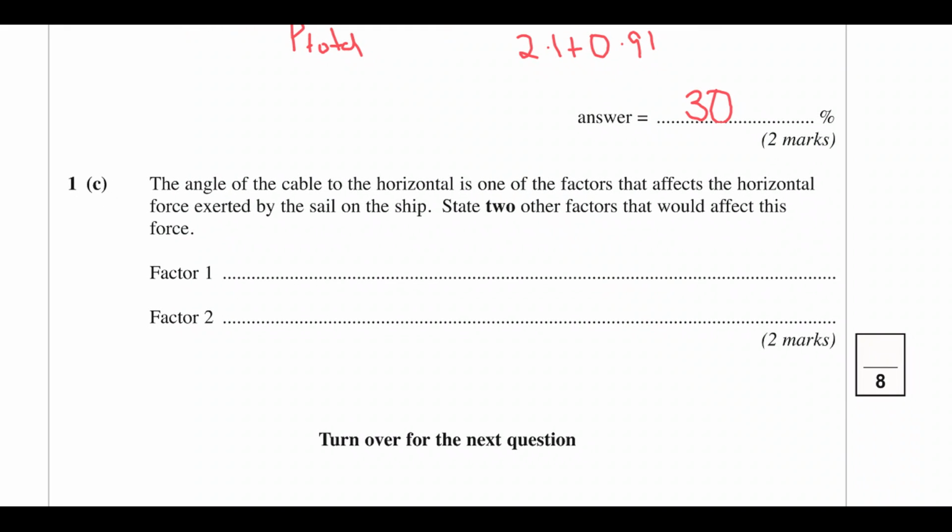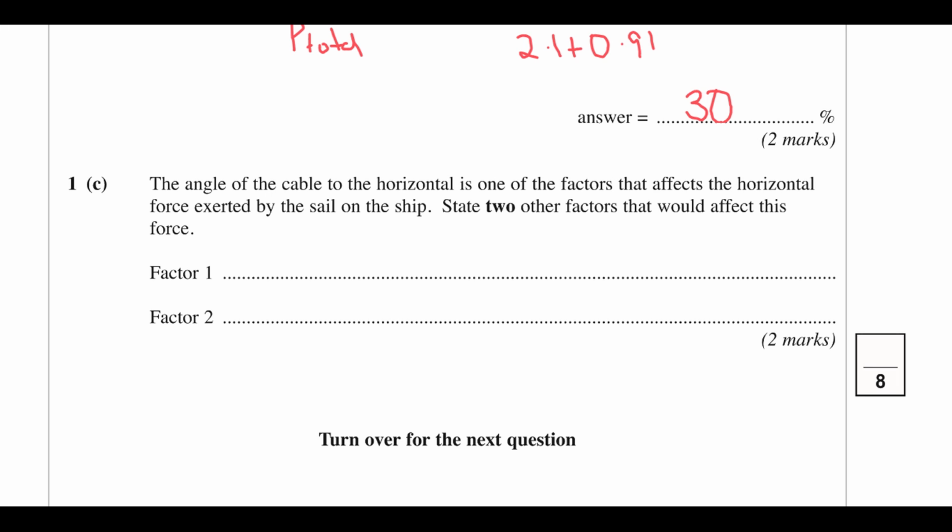Okay, so the angle of the cable to the horizontal is one of the factors that affects the horizontal force exerted by the sail on the ship. So what are two other factors that would affect this force? If you want to increase the force from a sail, you can make your sail bigger or increase its area, so then there's more area for air particles to collide with.